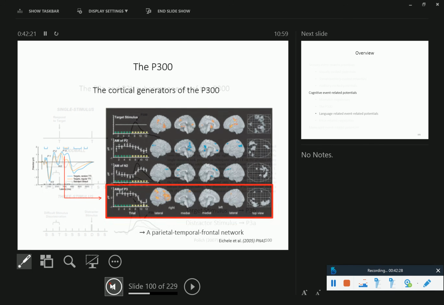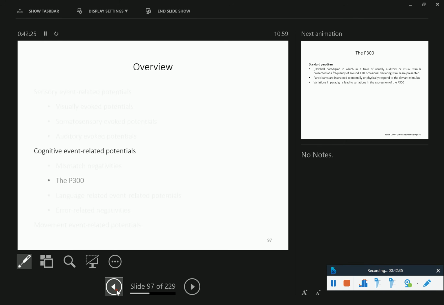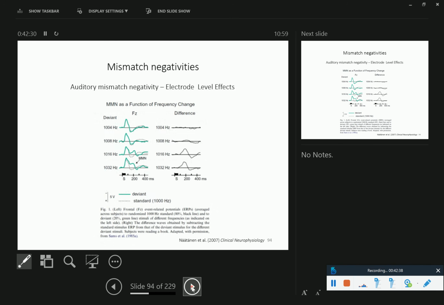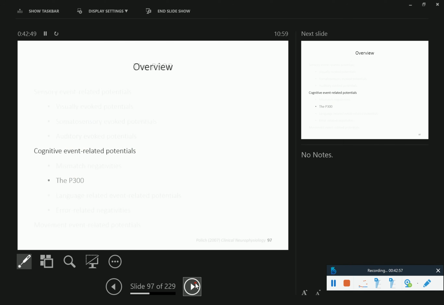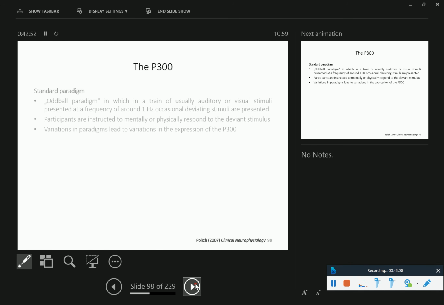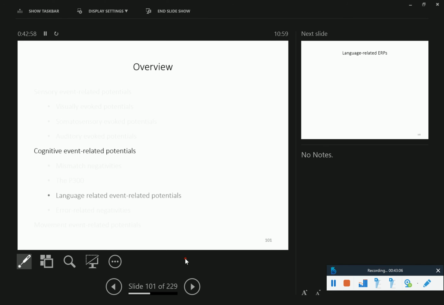So the topography, I don't think I have a plot of the topography, but it looks pretty much like this: you have a central positivity that extends over the whole thing, and then if you do source reconstruction, you cannot really hope that you will find something very fine-grained in terms of the cortical response, as you would if you have a nice dipolar pattern, like we've seen last time, where if you put a dipole into the brain, there's actually only this dipole that explains that.